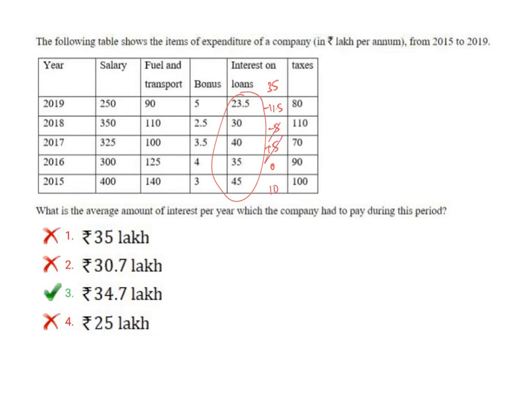Minus 5 plus 5 cancel. Therefore our assumption is 35 minus, so minus 11.5 plus 10 is minus 1.5, divided by all the observations. The number of observations is 5. Therefore 35 minus 0.3. It becomes 34.7 lakh.